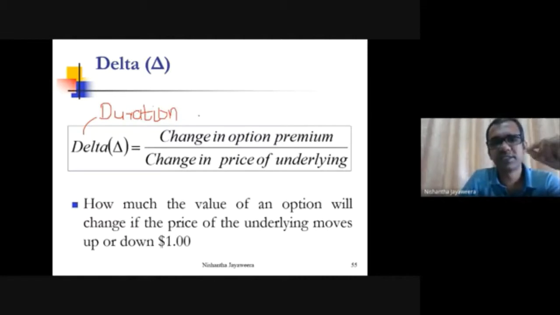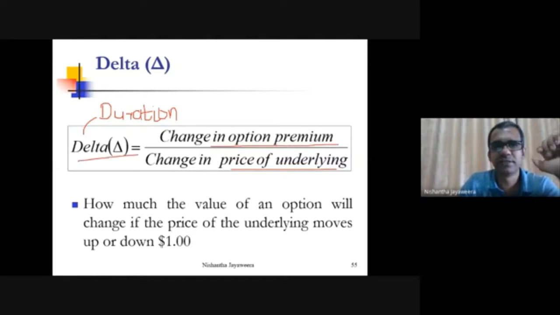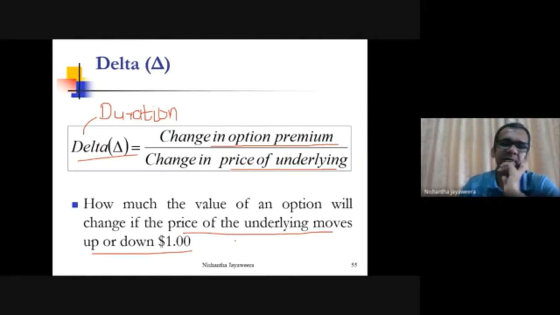For a 1% change in interest rate, what is the change in the price of the bond? Likewise here, for a change in price of the underlying asset, what is the change in the option premium? That ratio is called delta. So for a 1 unit change here, what is the change in the option premium? That is delta. This is the interpretation: how much the value of an option will change if the price of the underlying moves up or down by $1.